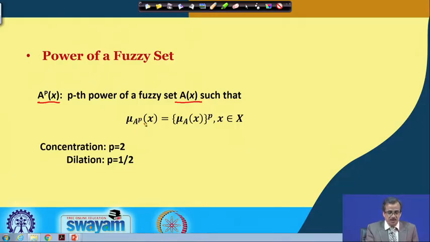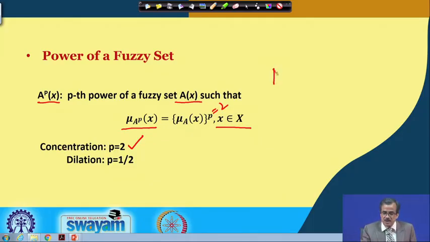The membership value is denoted by mu_A^p(x), and mu_A^p(x) is nothing but mu_A(x) raised to the power p, where p is the power and small x belongs to the universe of discourse, capital X. Now, if I set p equal to 2, this is known as the concentration of a fuzzy set.